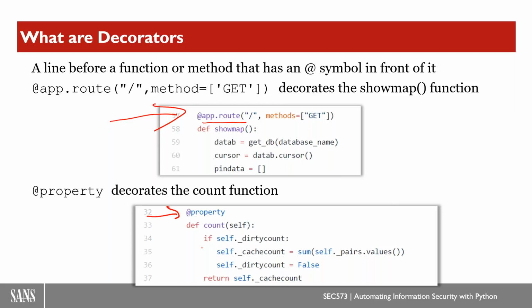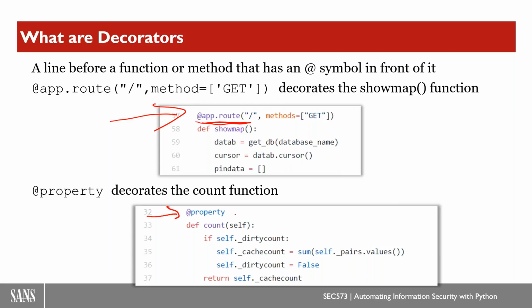And so a decorator is basically a wrapper for another function. What we're going to do is take this show maps function and do some things before we execute the show maps function and after, and those things are defined inside of this app.route. There's two different examples of decorators here.